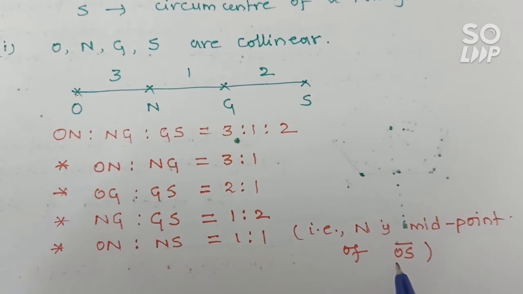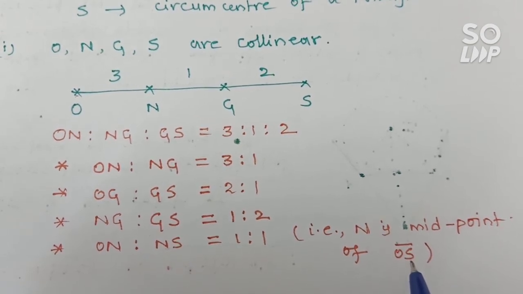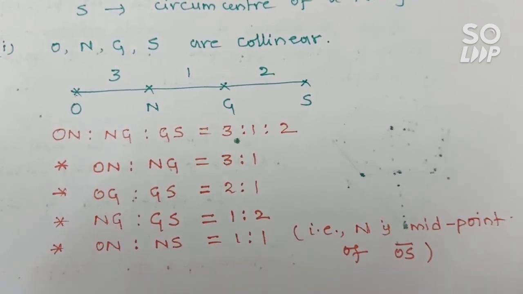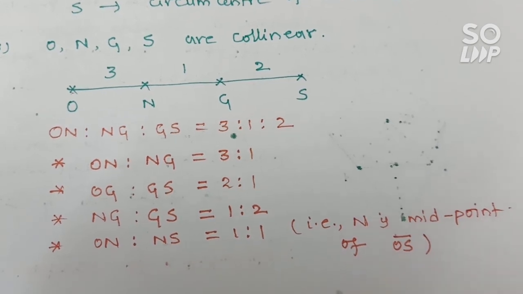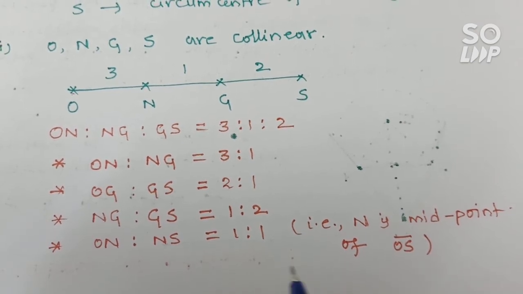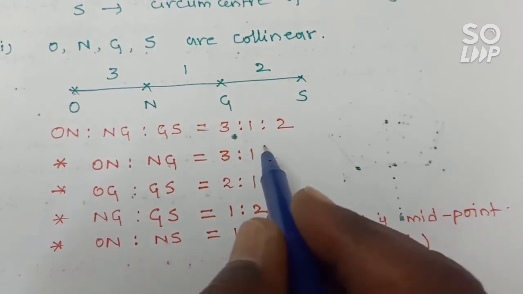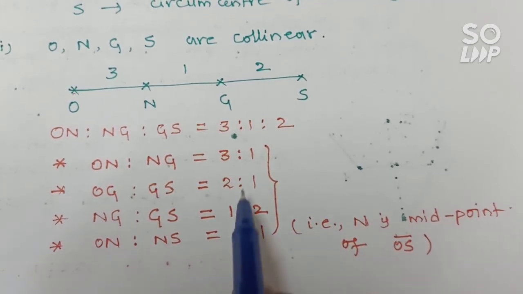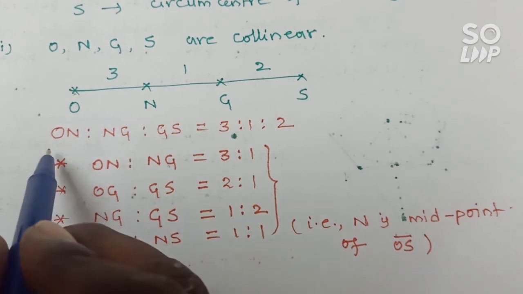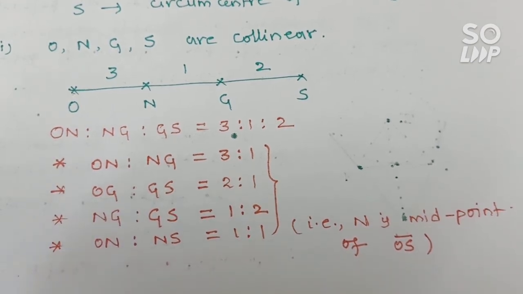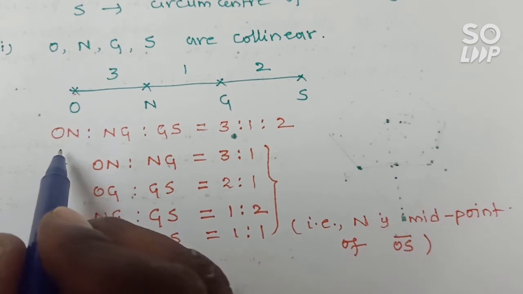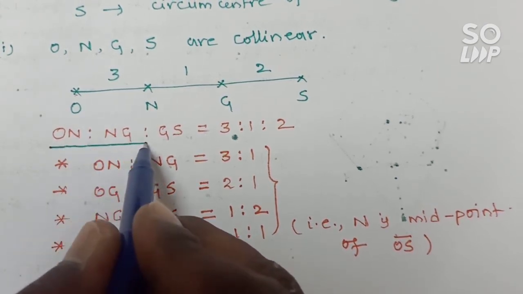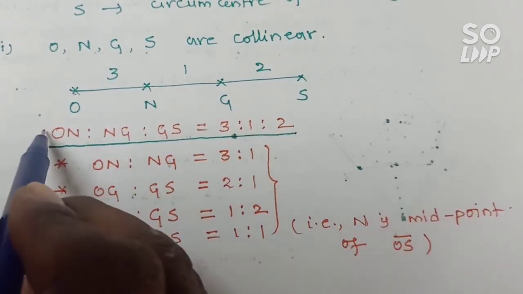So what is the meaning of this? When I am given the orthocenter and circumcenter and asked to find the center of the 9-point circle, immediately you apply this ratio. Suppose anybody forgot all these sub-points, but everyone must remember the fundamental ratio.